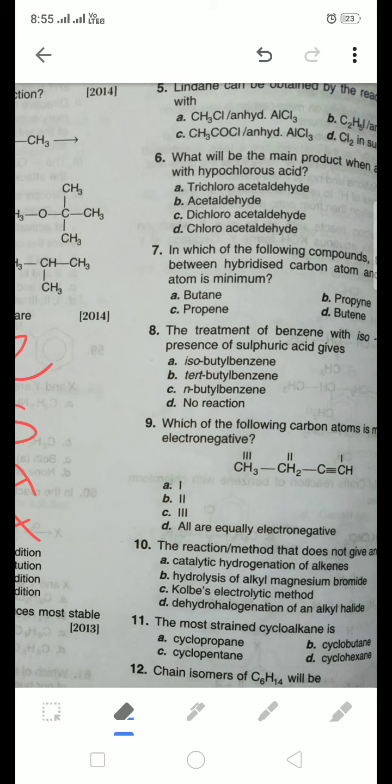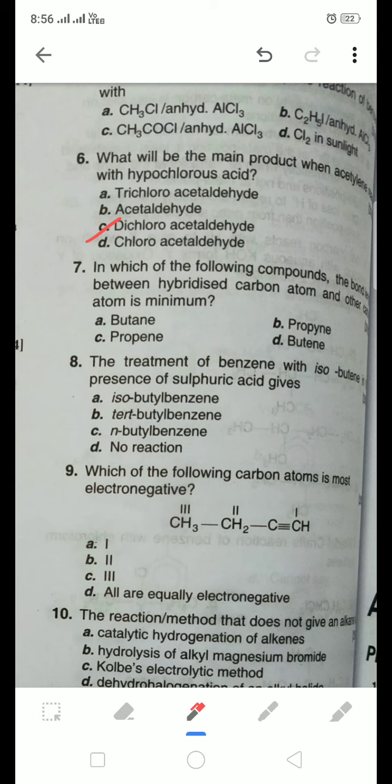Here Cl was substituted, then we had the CH, and finally we had the CHO. It is dichloroacetaldehyde. So C is the answer.